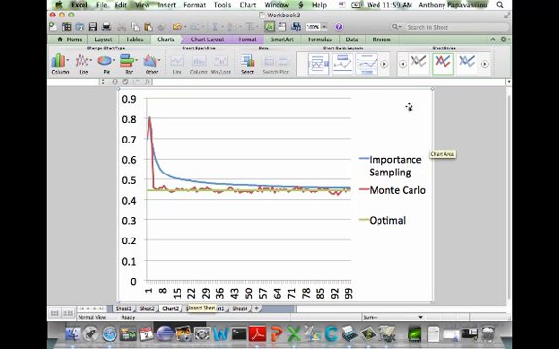I like the fact that there's some variance in Monte Carlo and it's more than important sampling, but what I would expect intuitively is important sampling should be much faster at discovering the true average. So at least it's going to the right level eventually, so the code is not complete garbage, but I'm having doubts about whether everything is okay with the code.